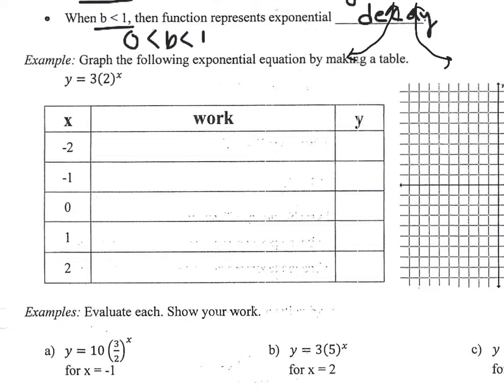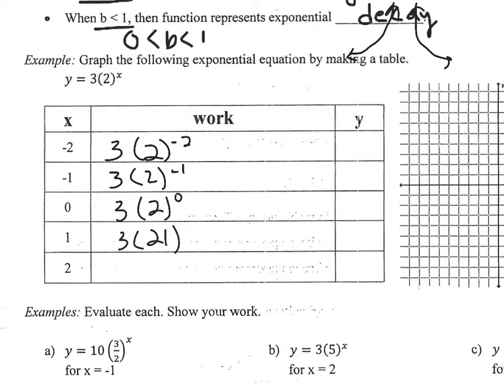So it's going to be 3 times 2 to the negative 2, 3 times 2 to the negative 1, 3 times 2 to the 0, 3 times 2 to the 1, and then 3 times 2 squared. So order of operations, you need to do the exponent part first.